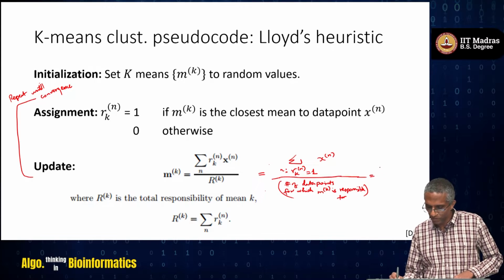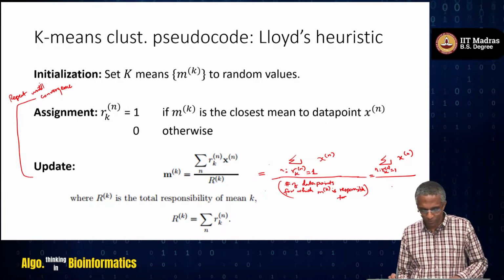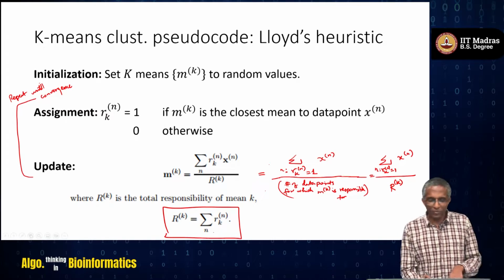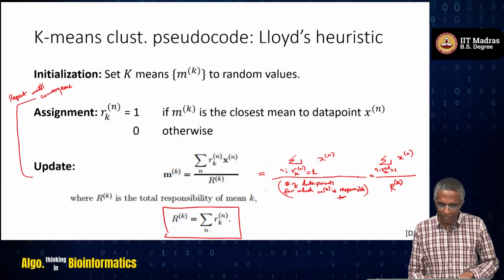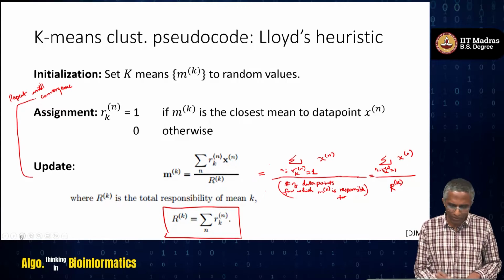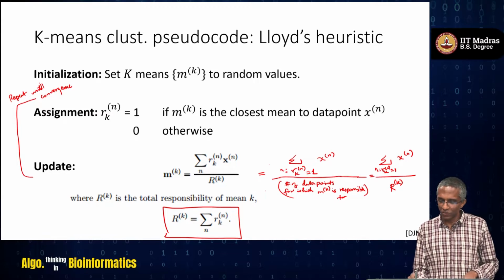So, this is just the sum over all n such that r k of n equals 1 of x of n, and the number of data points for which the kth center or kth mean is responsible is given this notation r of k, where r of k is simply the sum of the responsibilities r k of n across all the data points n. So, r of k is the total responsibility of mean k. In this particular case, it is the total number of data points for which m of k is responsible.